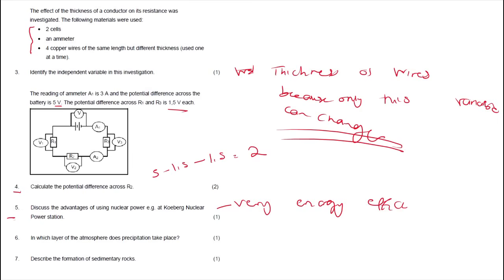And then now we'll move to question 6, which asks in which layer of the atmosphere does precipitation take place? So this is the troposphere.